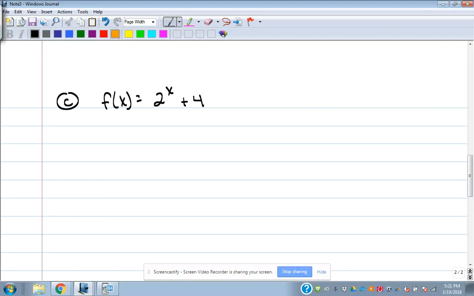Vertical shift 4 units up. If I had this function, f of x equals 2 to the x minus 3. If the -3 were out here like the +4 is, yeah, it would be down 3, but it's not. It's up there with the x. To the right 3. Good job.